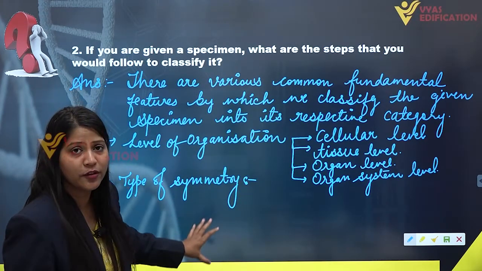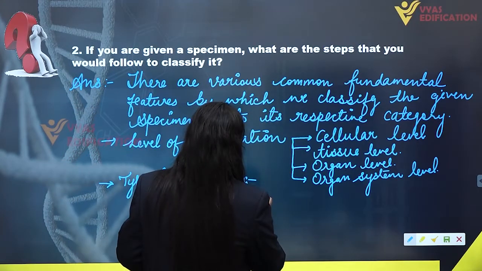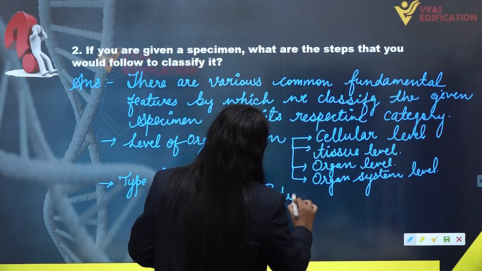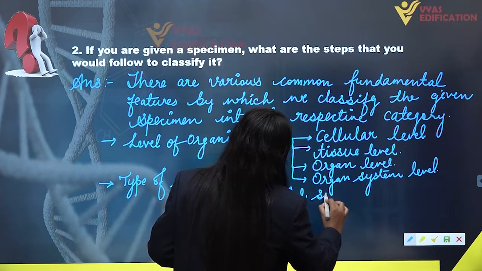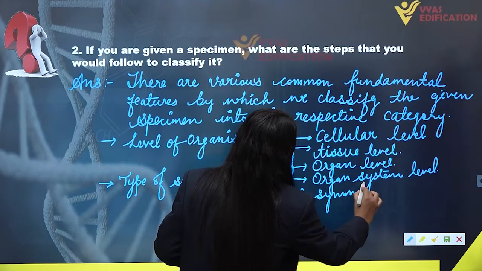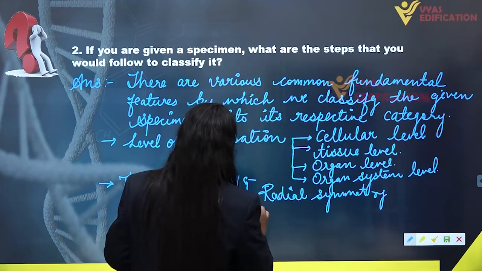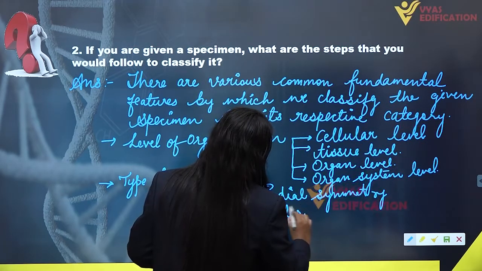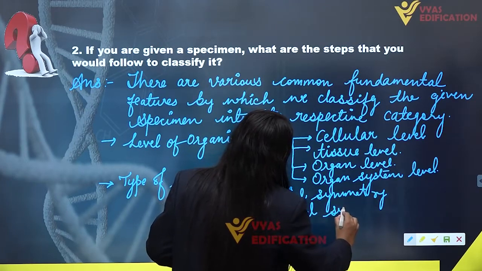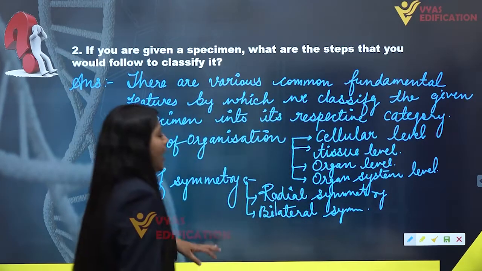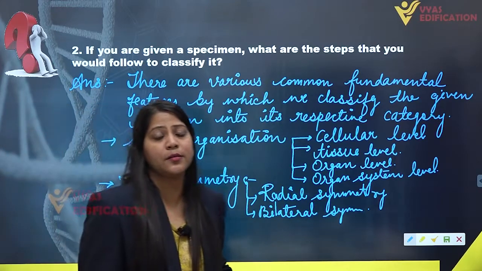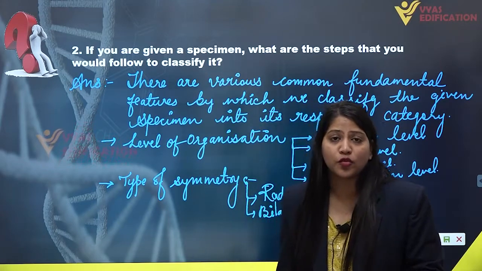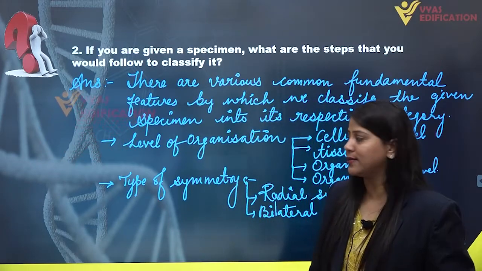We have two types of symmetry basically, radial symmetry as well as bilateral symmetry. And if any organism is not exhibiting any kind of symmetry, then it is known as an asymmetrical organism.